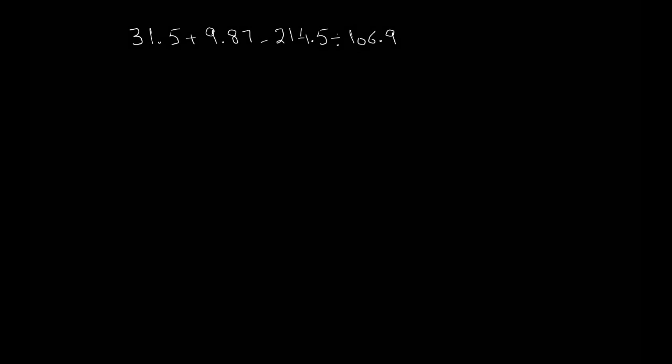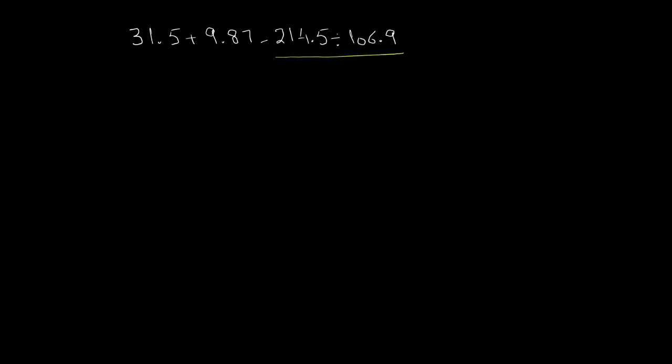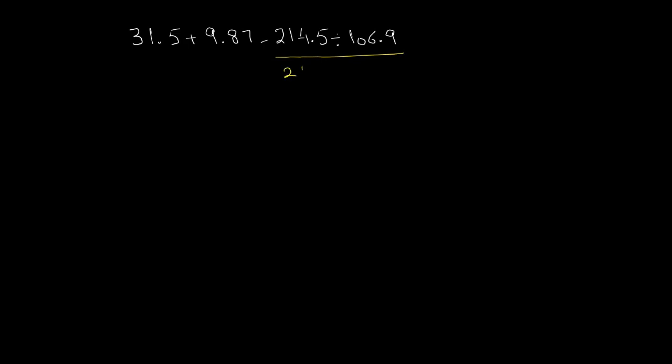So let's look at the approximation. First we're going to divide. So I'm going to approximate this as maybe 214 divided by 107, which is equal to 2. I'm going to approximate this as maybe 10, and I'm going to approximate this as 32.